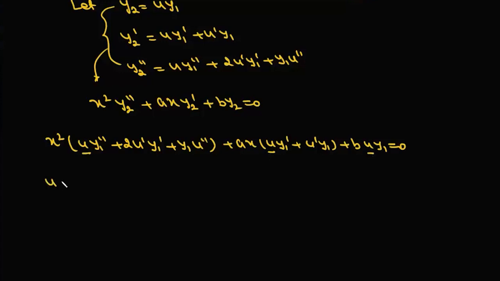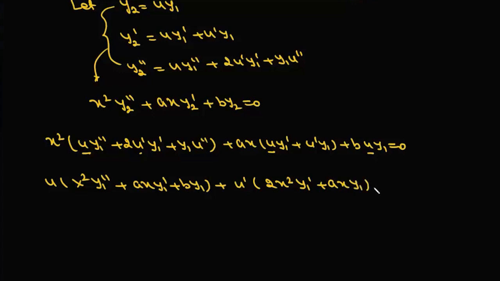So it'll be u and then x squared y1 double dash plus ax y1 dash plus b y1, and then plus terms of u dash together. So we'll have u dash and then it'll be 2x squared y1 dash plus ax y1, and then finally we'll have x squared y1 u double dash equals 0.